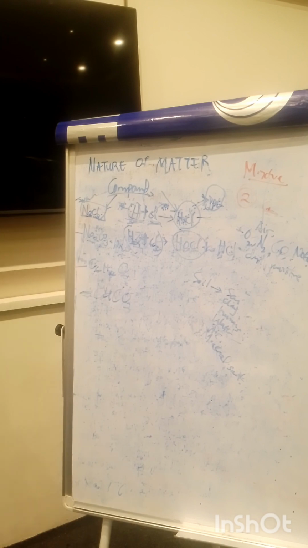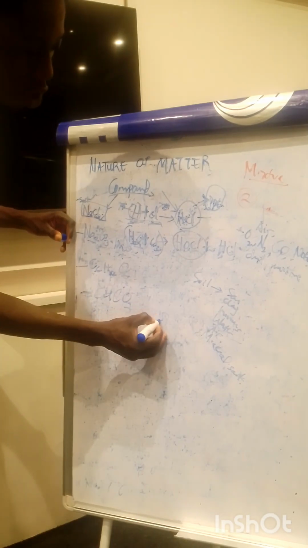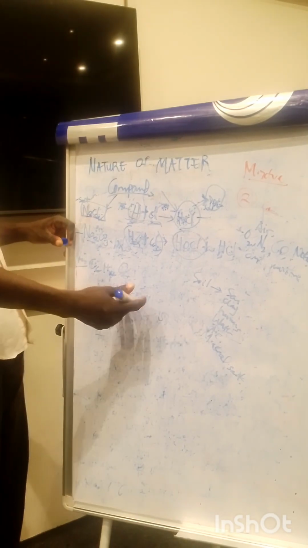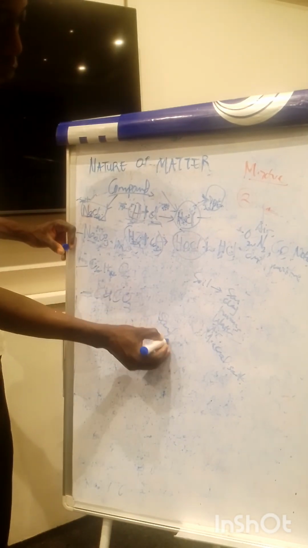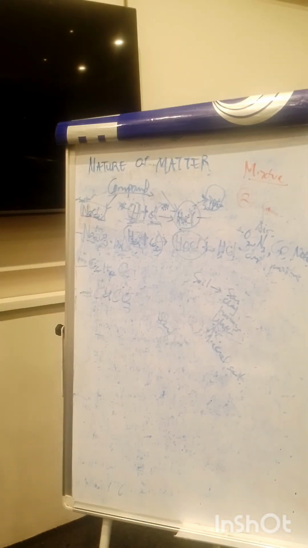So now let me try to ask a question. Let's call it sand. Is sand a mixture or a compound? Your sand. These are things you should know. Now you'll be thinking that sand is a compound, or sand is a mixture. Don't confuse yourself.